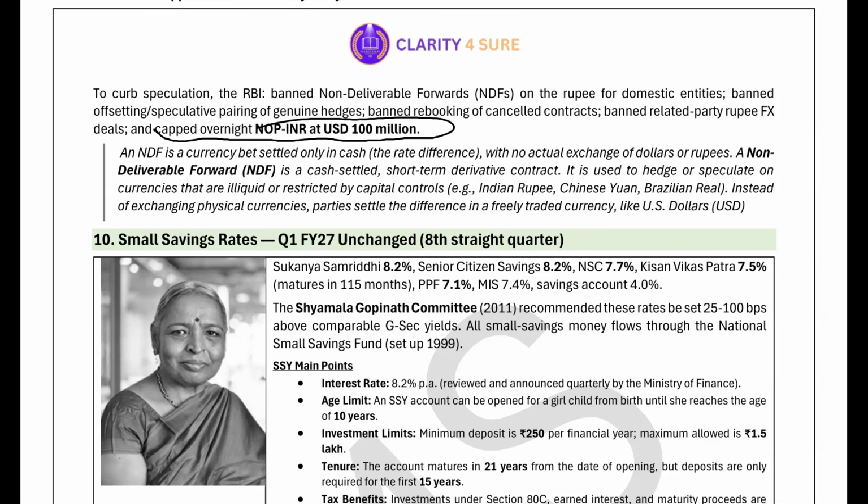Let me explain in short what a derivative is. Please try to understand what a derivative is. Suppose there is a foreigner, take any name, Fishy is a foreigner name I'm taking, and she wants to invest. She is an investment banker, and she wants to invest in the mutual funds of India.